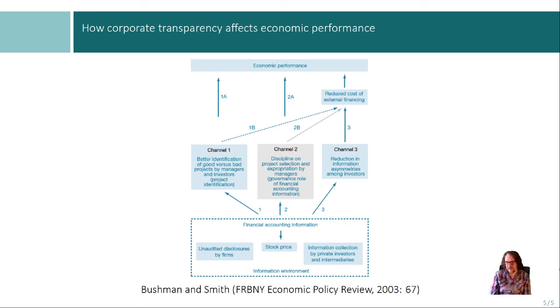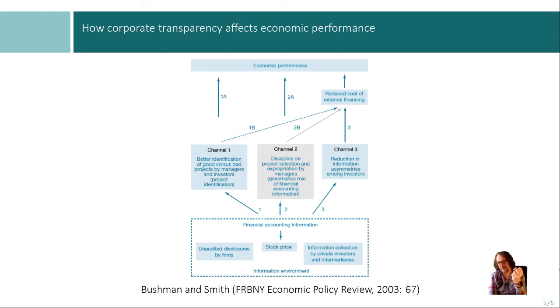So investors make financing decisions, so they provide financing to a firm, and if the investors are better informed, they can make better informed financing decisions, and this normally leads to more efficient investment, higher welfare, higher economic performance. Okay, so that's channel 1. It's a very straightforward channel. If you know what you're doing, you take better decisions, right? So you can also think about this in a typical Akerlof framework.